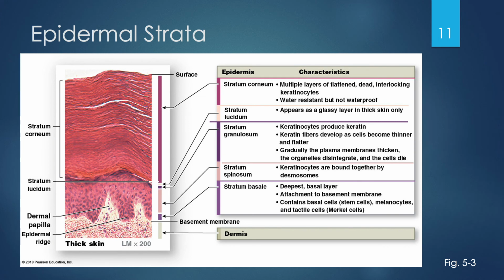Let's look at the different strata of the epidermis. So let's start at the very bottom, because that's where the cells start and they grow up, and then eventually they're going to die and desquamate or fall off, basically. So at the very bottom, you can look at the image on the left, and you'll see that the darkest pink component has a wavy bottom to it, and that is the epidermal ridge.